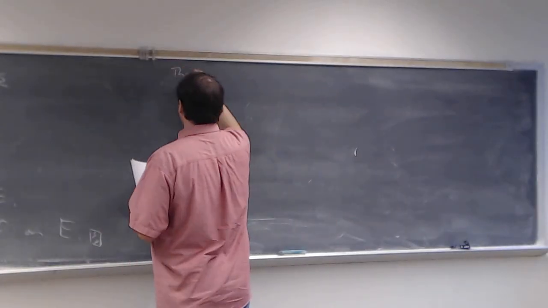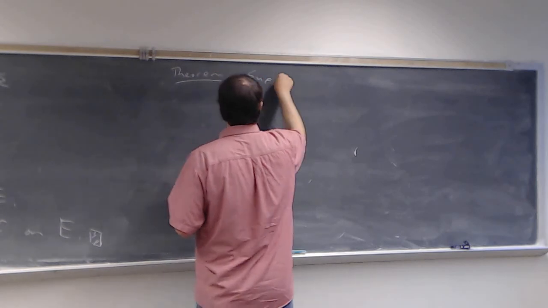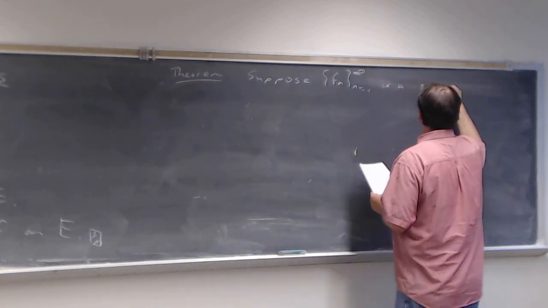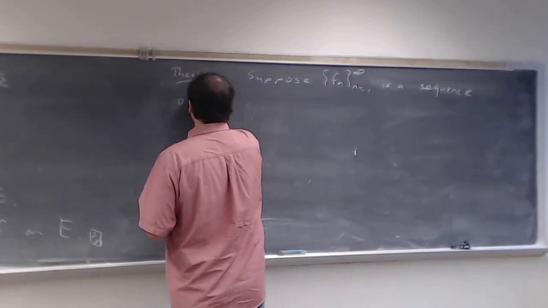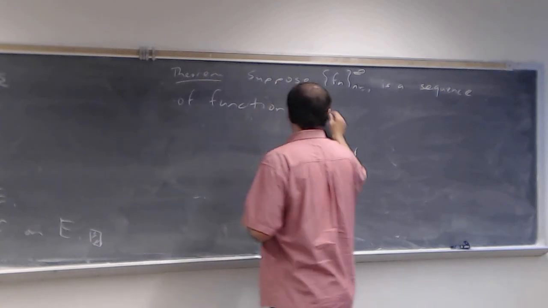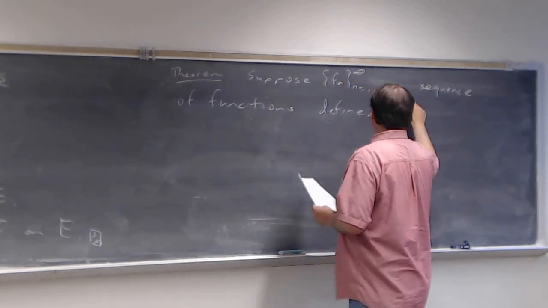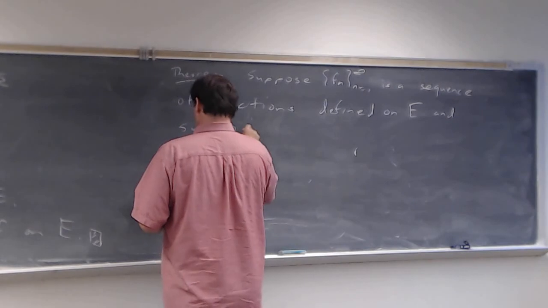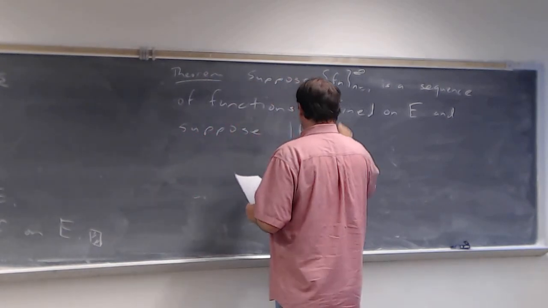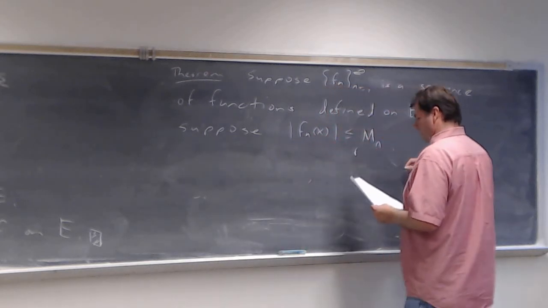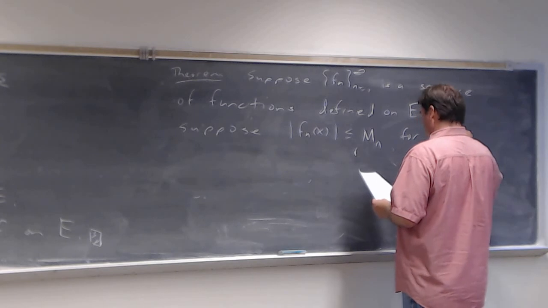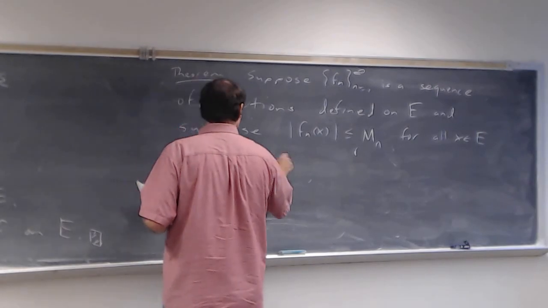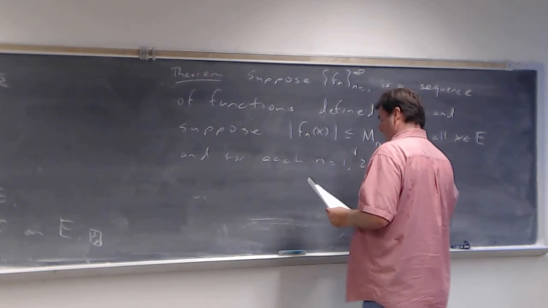Here's another theorem. It says, suppose the sequence f sub n is a sequence of functions defined on E, and suppose that the norm of f sub n of x is less than or equal to something called M sub n, for all x in E, and for each n equal to 1, 2, 3, forever.